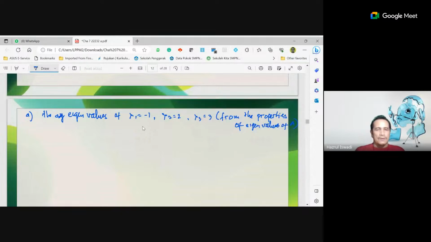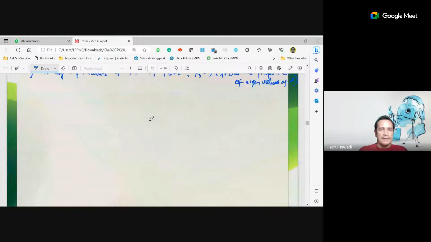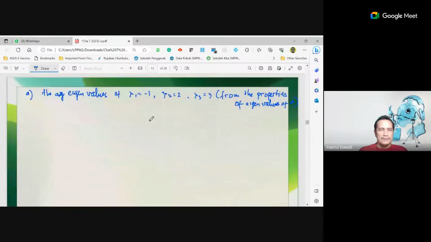So next, we must calculate the eigenvectors, one by one, as I told you before. For lambda 1 equal to minus 1.